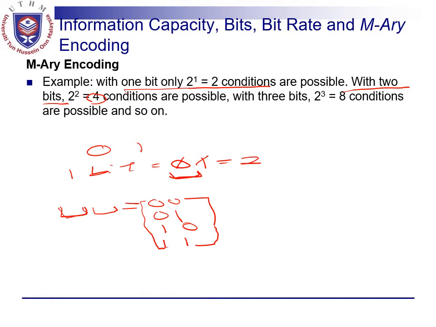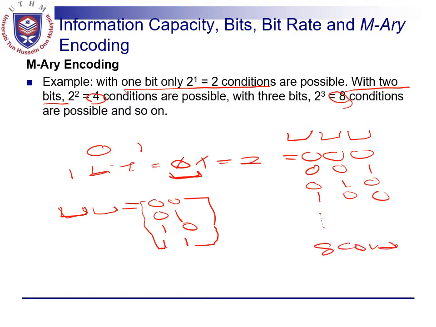How about 3 bits? For 3 bits, the number of combinations that can be made is 8. Let's do this together. From 3 bits we have 000, 001, 010, 100, and so on until 8 conditions. Maybe you can do it by yourself.